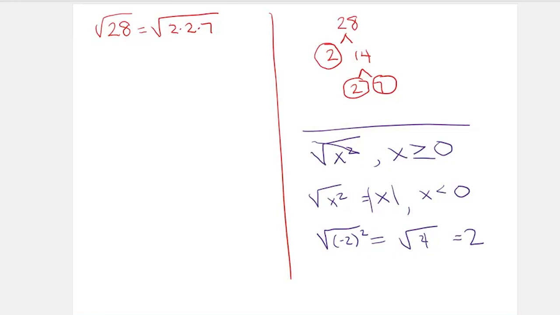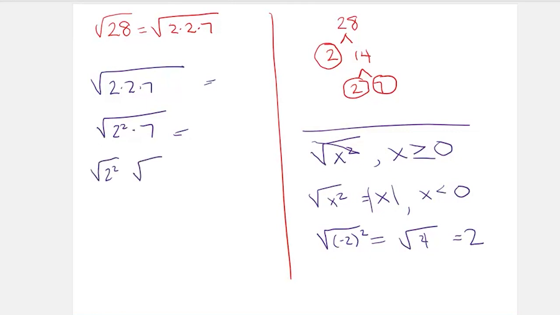Having said all that, if I have the square root of 2 times 2 times 7, that's really the same as the square root of 2 squared times 7. And I could even change this into the square root of 2 squared times the square root of 7. So with multiplication, I can separate the roots, or I can put them back together.